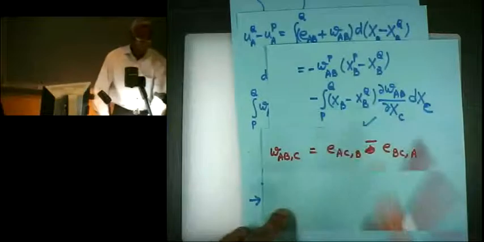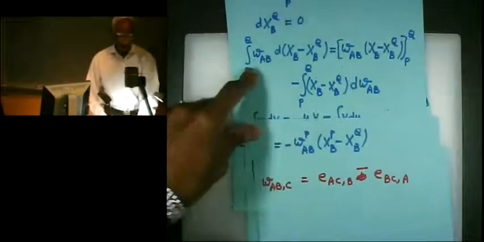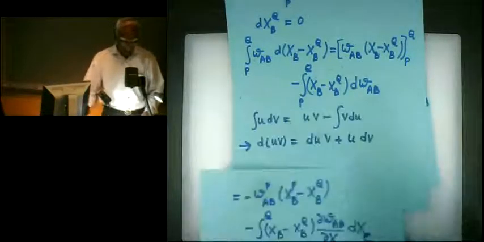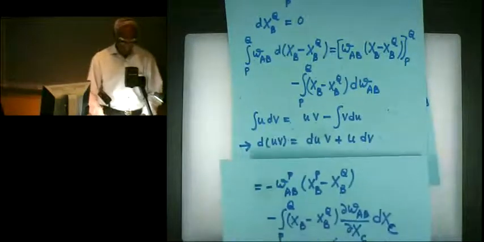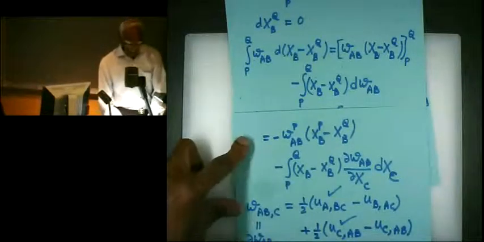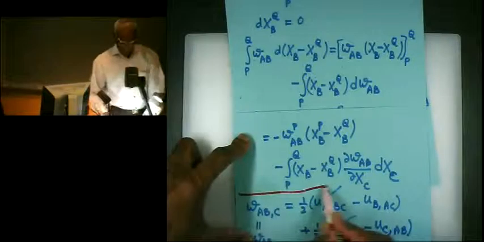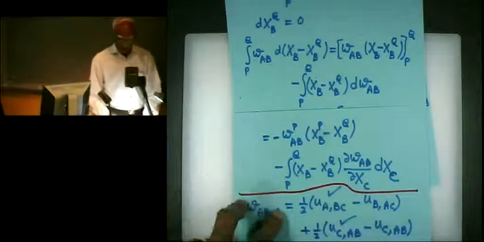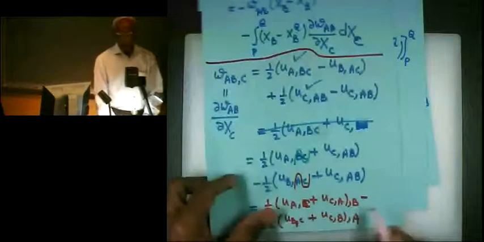So what have we found so far? Can you see all of it or not? Okay. So here we have omega A, B, this thing equal to that, equal to this, and then we have equal to this, and we need to substitute this thing into here.